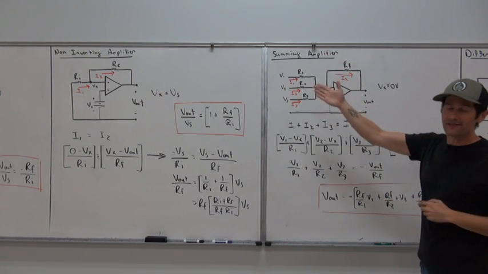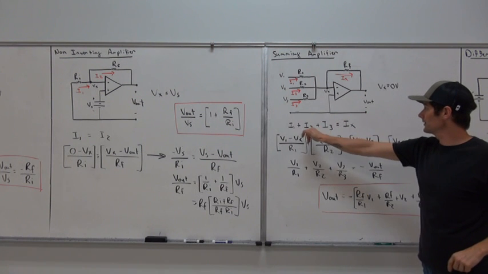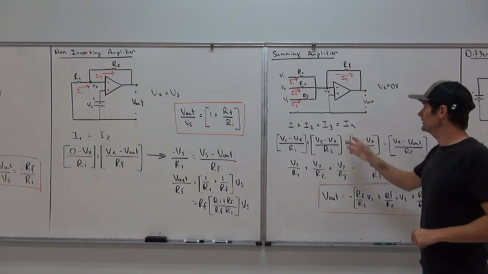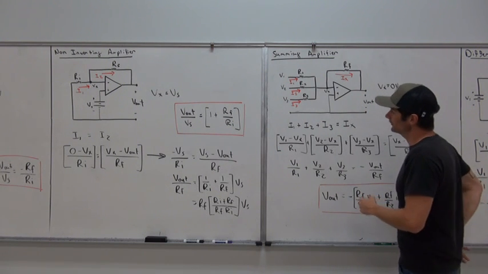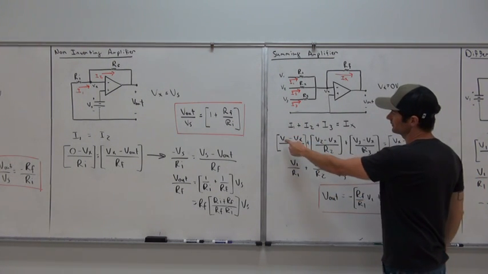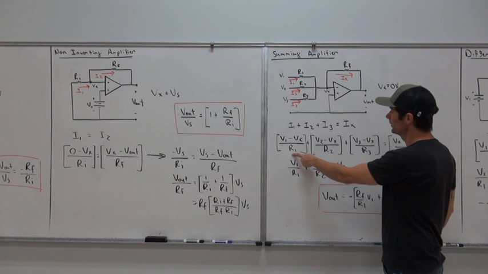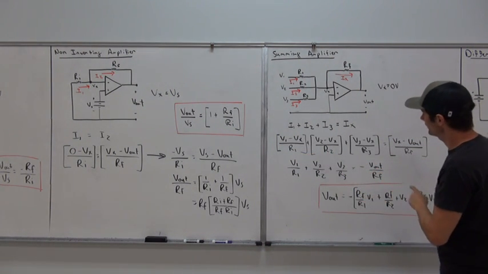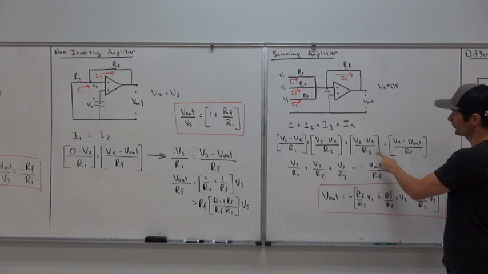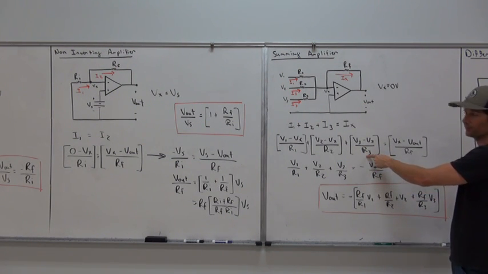And so by KCL, I1 plus I2 plus I3 is equal to IX. So in this case, that's just equal to (V1 minus Vx) over R1 plus (V2 minus Vx) over R2 plus (V3 minus Vx) over R3.